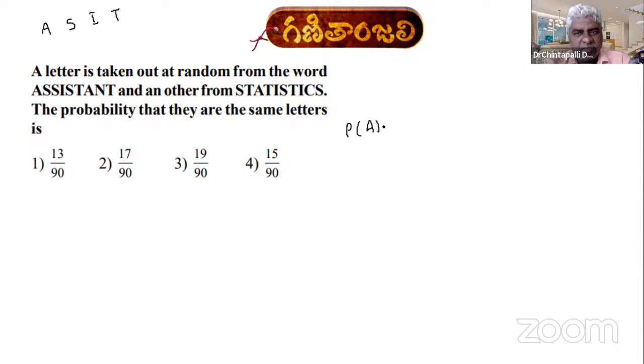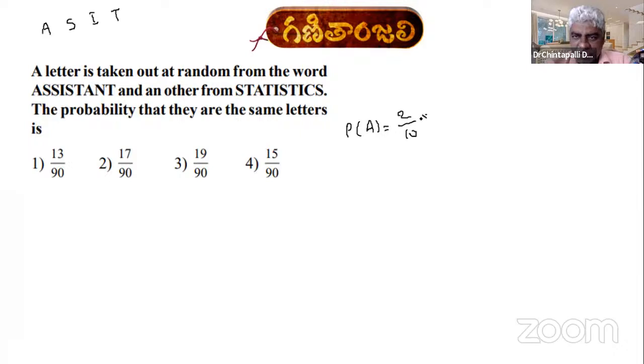That means if we take one letter from assistant, what is the probability of that letter being A? How many A's are there? 2, sir. How many total letters are there in assistant? 10, sir.